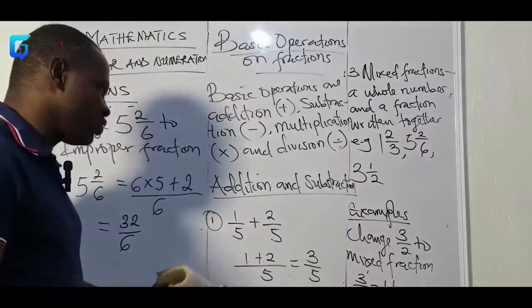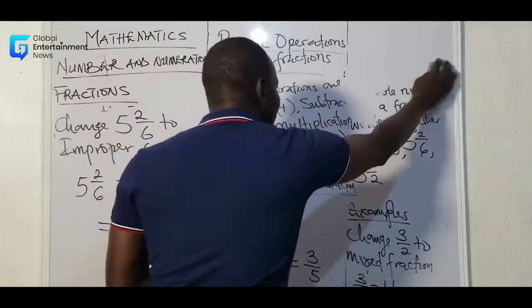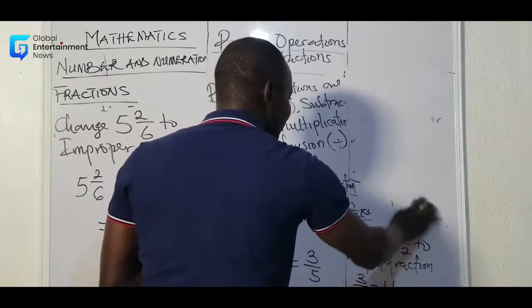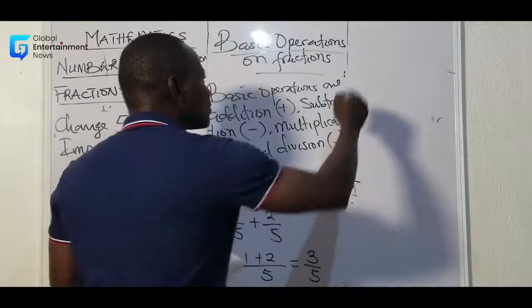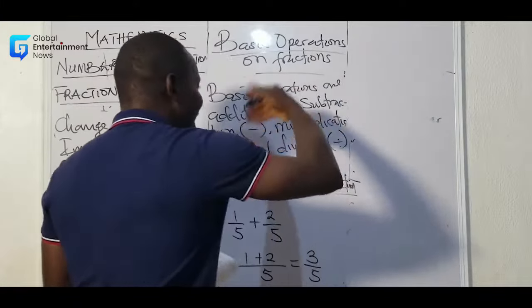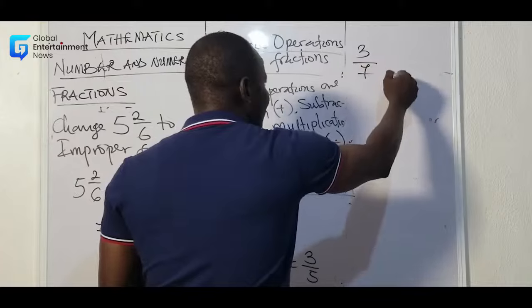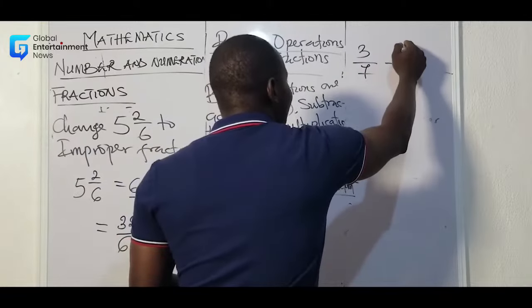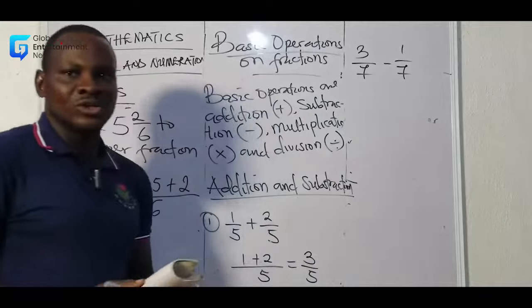That is that one for addition. What about subtraction? Let's assume we have 3 all over 7 minus 1 all over 7. What are we going to do here?